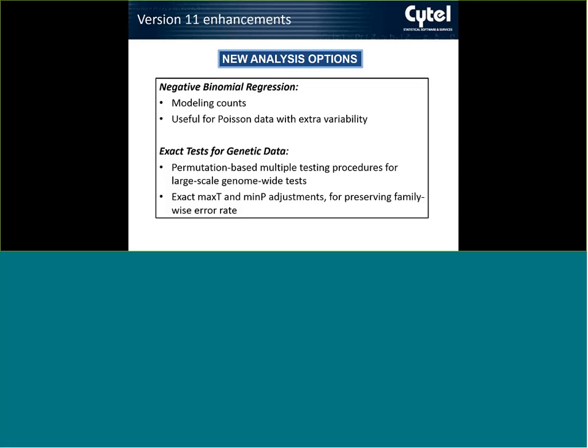It's a huge problem in genetics where you have many different markers that are being tested for association simultaneously. And so multiple testing problems arise in those settings. And so we are excited for these tools because they provide a permutation-based approach that's a lot more robust, especially when many of these tests within a given data set involve sparse data. But as I said, it's something that we're probably going to have to focus on for another webinar in the future. But I would here like to just briefly illustrate how the negative binomial regression works.